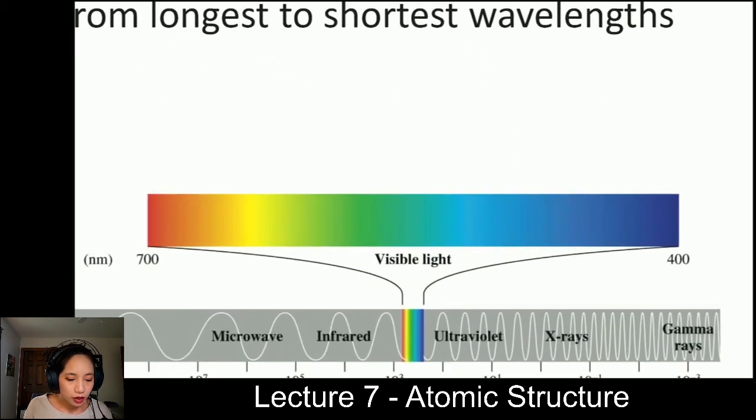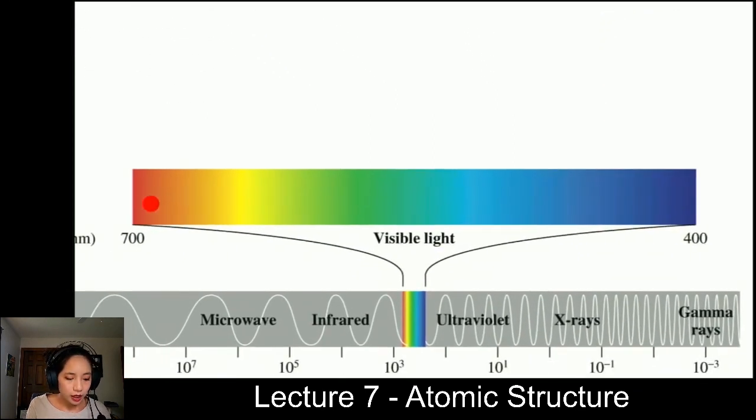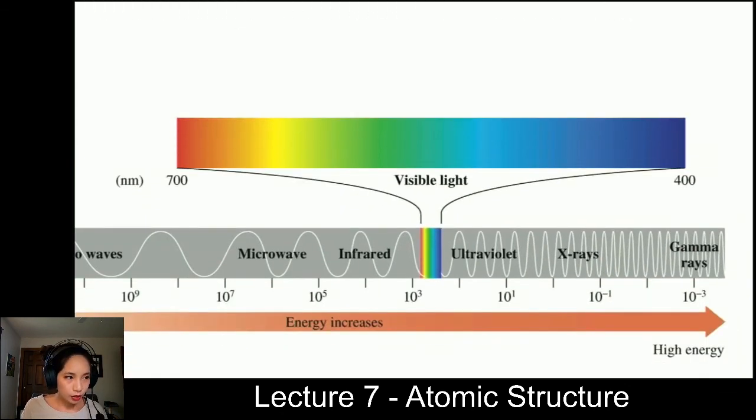And then even within the visible light region, when we go from red to blue or purple, as we move from left to right here, we have long wavelengths, that's our red region, and then we have short wavelengths, that's our purple region. And as we move left to right, energy also increases. So red has the longest wavelength and the least energy, while purple has the shortest wavelength and the most energy within the visible region.